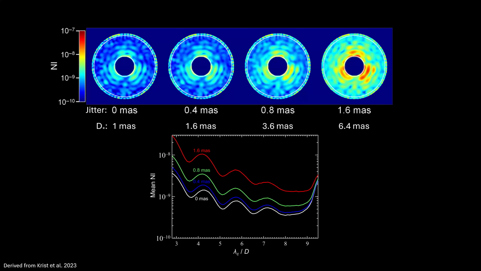And this is because if we introduce larger stars into the dark hole digging process, you introduce extra noise in the dark hole that resembles that of jitter.